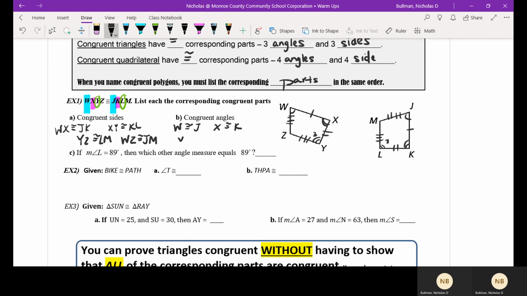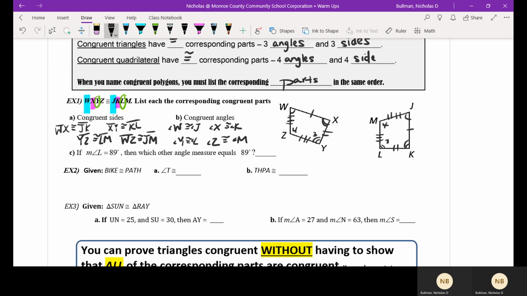So I've got Y is congruent to L. And technically these angles are congruent, right? So I need to have that angle marking. These are all segments, so I should have my markings with it. And then my last letter in each is angle Z is going to be congruent to angle M. Okay, I can call that angle 4. I'm just going to list it with a 4 because I'm out of room in my picture.